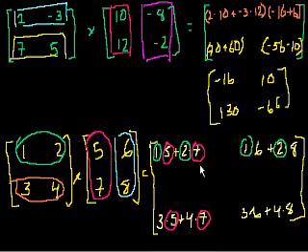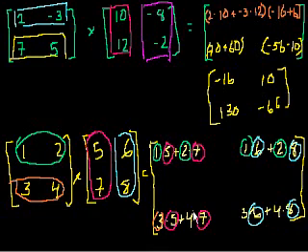Interesting: this was in column 1 in the second matrix, and this is in column 1 in the product matrix. Similarly, the 6 and the 8 are this 6 and this 8, used here. And finally we have this 3 and 4 in the brown, so that's this 3, this 4, and this 3 and this 4.